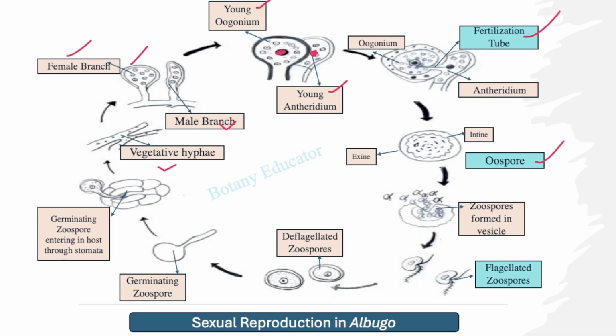It will form a zoosporangium, and the zoosporangium will undergo meiosis, right? And through meiosis it forms haploid structures called zoospores, and these zoospores will again enter into the life cycle and form the hyphae in the host cell. So the zoospores will be the structure which will again form the germ tube and again infect the host plant.